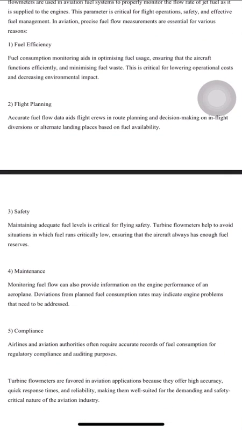The first point is fuel efficiency. Fuel consumption monitoring aids in optimizing fuel usage, ensuring that the aircraft functions efficiently and minimizing fuel waste. This is critical for lowering operational costs and decreasing environmental impact.